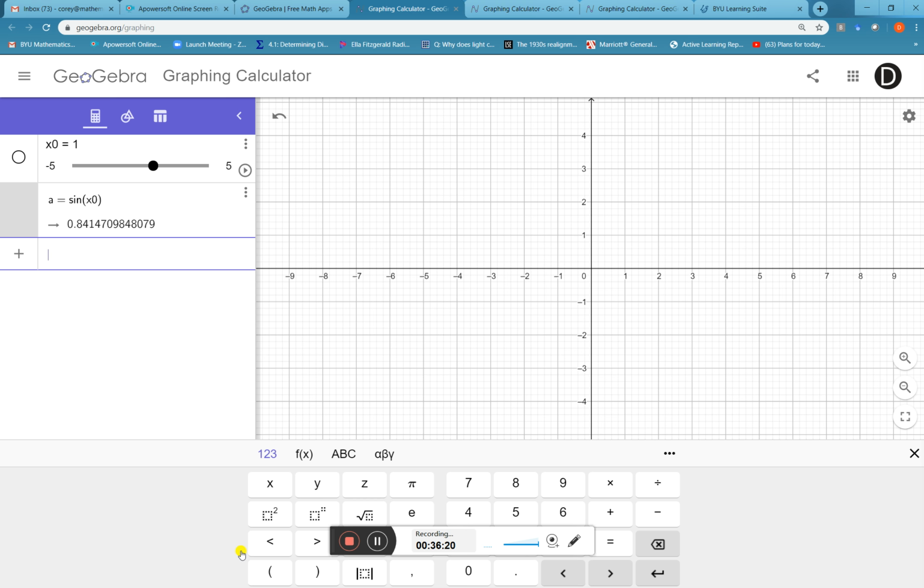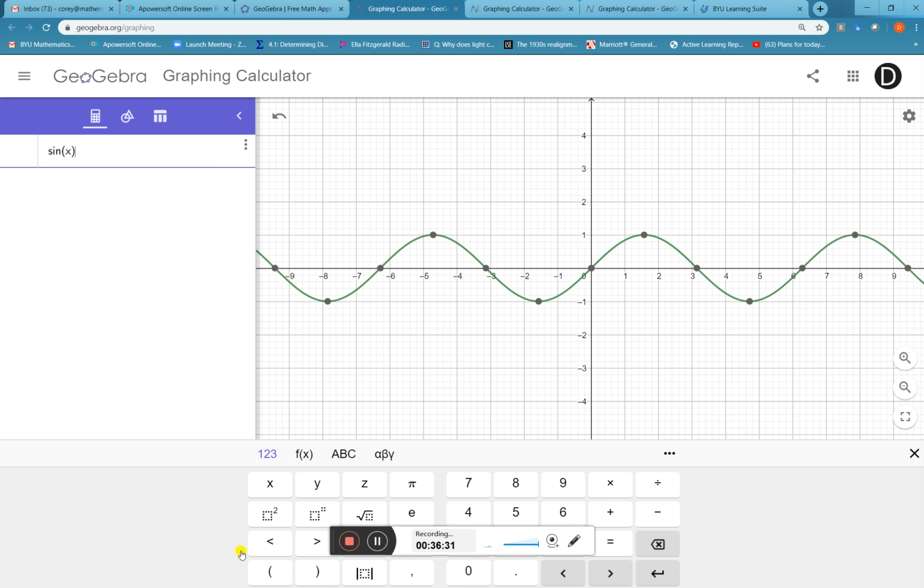I can't type it in right. Just delete it. Okay, I'm sorry. Try this again. Sine of x. There you go. It'll graph things for you. The little button over here on the left, if you click on it, it'll hide it. If you click on it again, it'll show it.